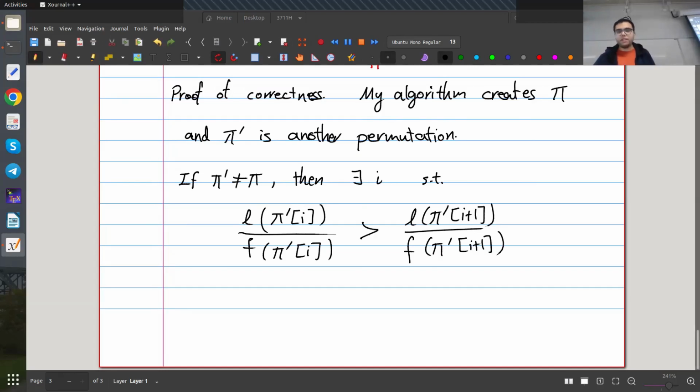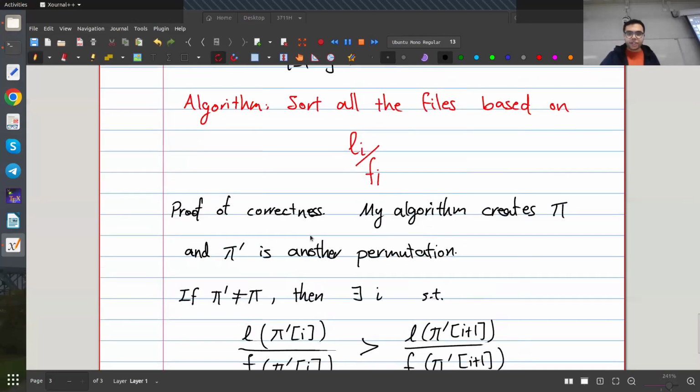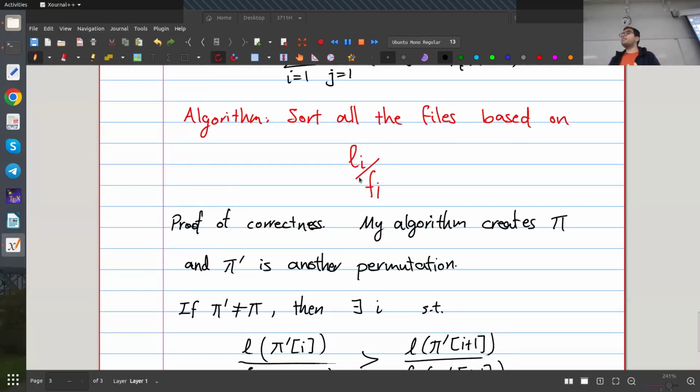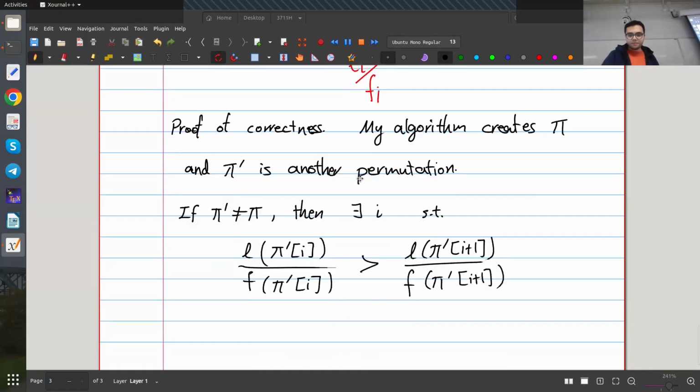So this one is bigger, because otherwise P prime is just P. Again, I'm assuming that these ratios are different for all of my files. I will come back and fix my proof so that it also works when two elements have exactly the same ratio.